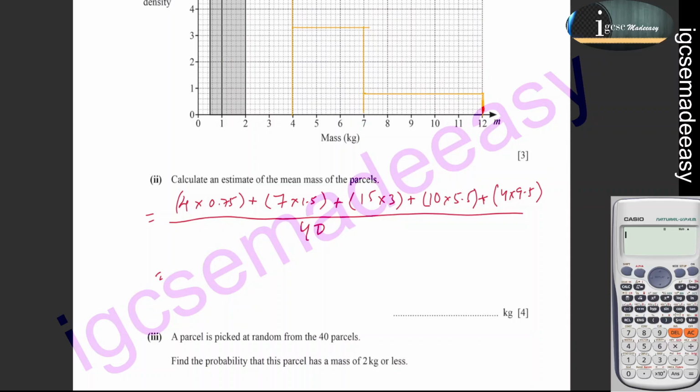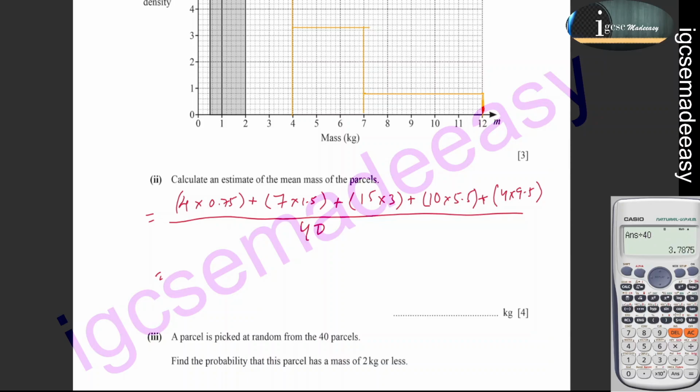So let me write the values here. 4 into 0.75, put a bracket, plus 7 into 1.5, bracket close, plus 15 into 3, plus 10 into 5.5, plus the last one, 4 into 9.5, and this divided by 40.